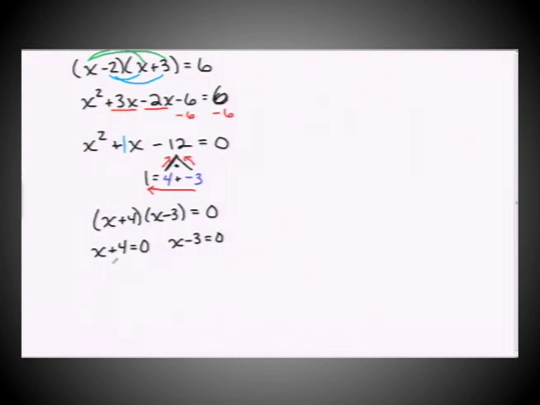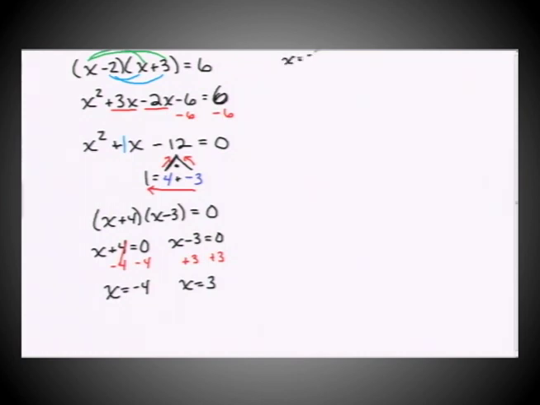And solving each of these, for the first one, I subtract 4 from both sides, and I'm left with x is negative 4. And then for my second equation, I add 3 to both sides to get that x is equal to 3. So there are our two potential solutions, and now we need to check both of them separately.